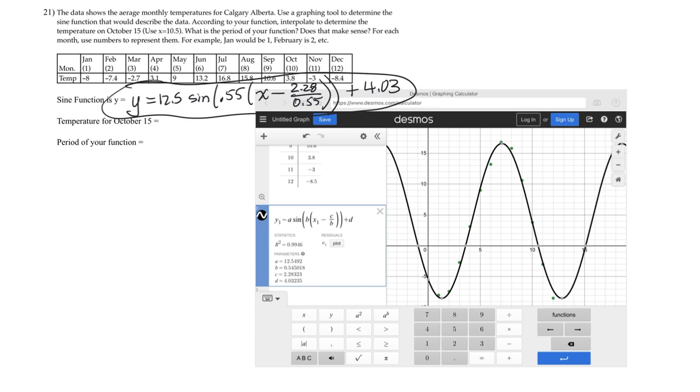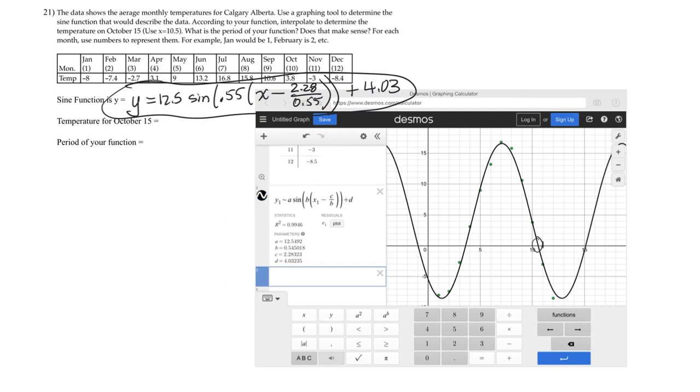Then they say, what's the temperature on October 15th? Well, October is the 10th month, and the 15th, I would probably call that 10.5. So here's 11, so 10.5 looks to be right close to there. Now, I could eyeball it, but I can also go into decimals and type that.